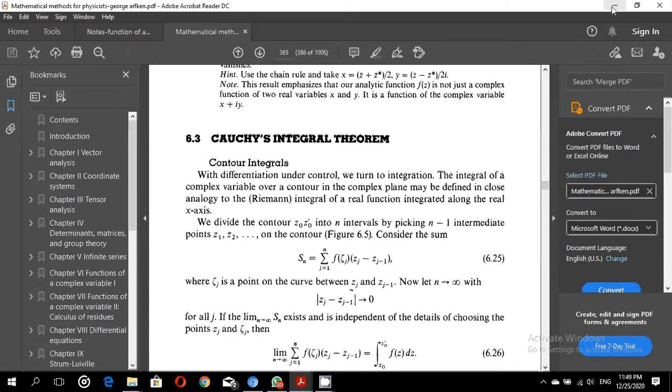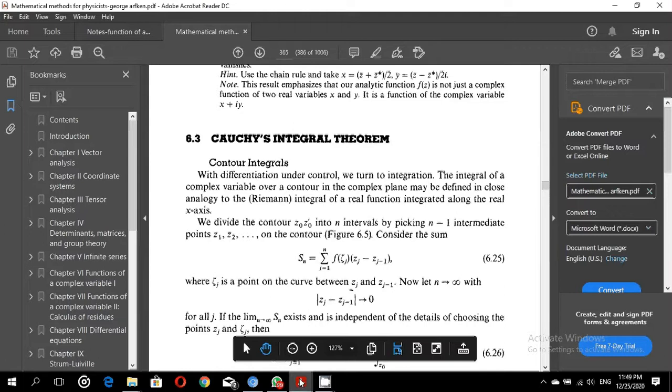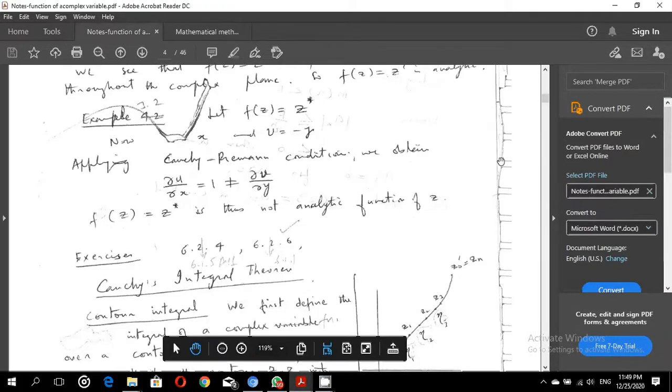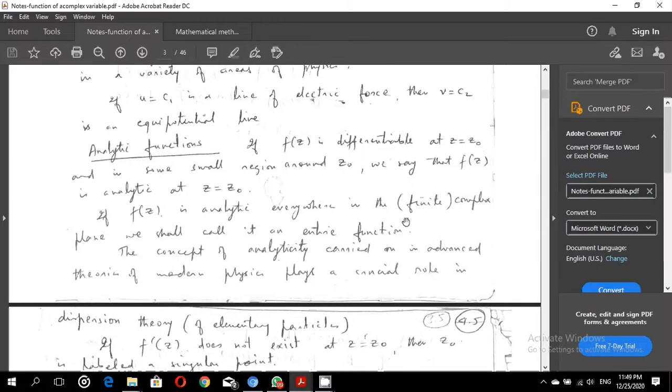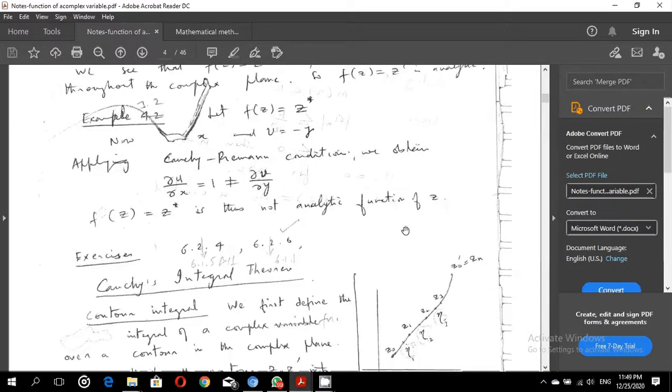You can also consult my notes, which I have already sent on this chapter, and you can see the picture of these notes. Now this is in fact the page which I will take up today. In the previous lecture, whatever we have introduced for this chapter, you can also find that detail from my notes.